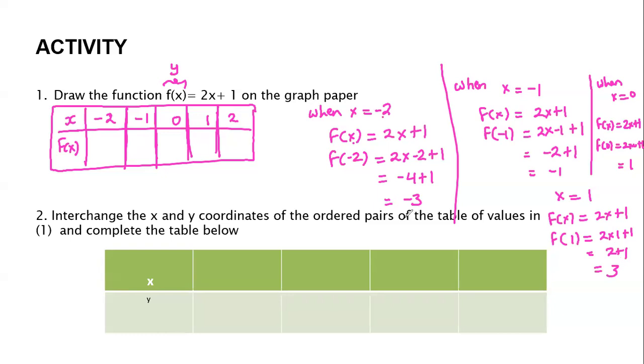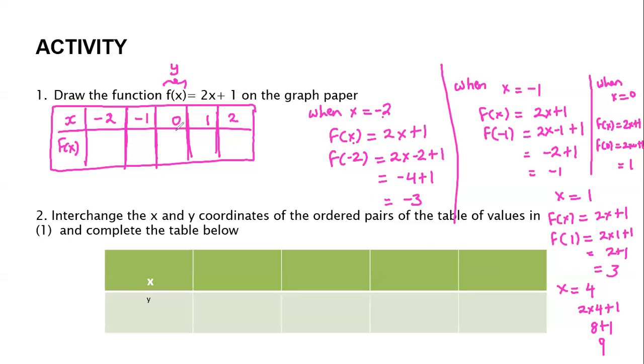Martha? If x is going to be maybe 4, I'll have 2 times 4 plus 1, which is 8 plus 1, which is 9. Okay, thank you.